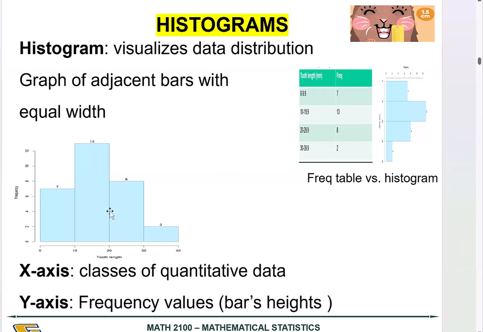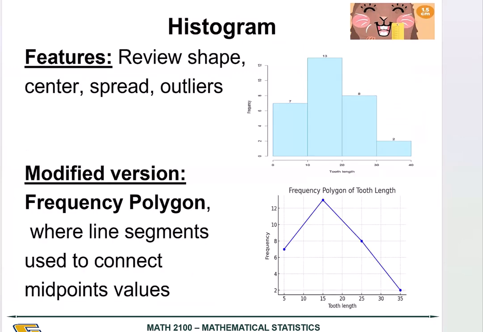So you can see that the histogram really helps in a sense. It makes the data more attractive to the audience, instead of just looking at the table. The features here help to show the center.